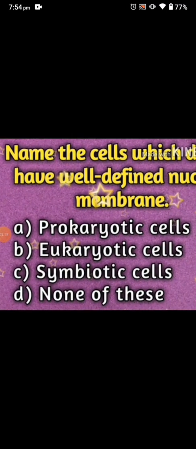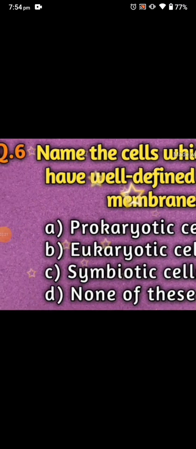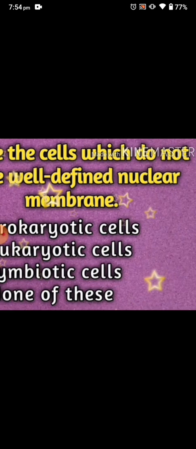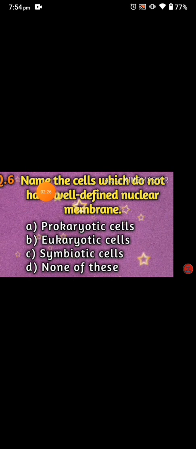Next, name the cells which do not have a well-defined nuclear membrane. The nucleus has a nuclear membrane, and the cell has a cell membrane. He is asking about the nuclear membrane.